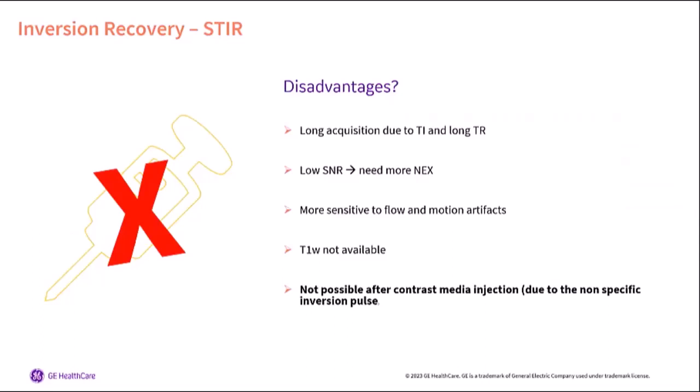It's more sensitive to flow and motion artifacts. It's not available in T1 weighted and is not possible to use after contrast media, and that is because we're using a non-specific inversion pulse. So by using a non-specific inversion pulse, we risk that the pulse will also null the signal of contrast.